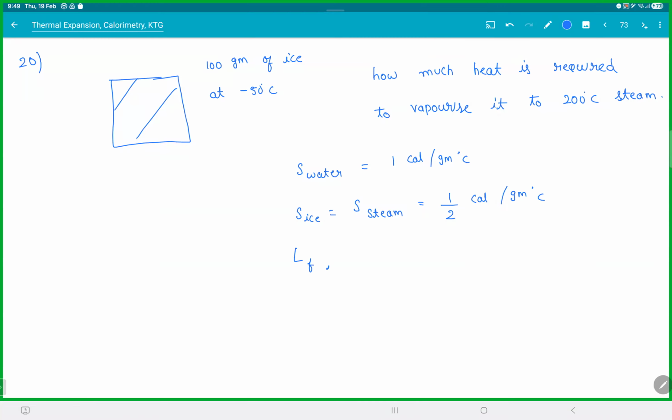Latent heat of fusion of ice is 80 calorie per gram. So how much heat do you require to melt this ice and make it into steam of 200 degrees? Let's see how you handle this.